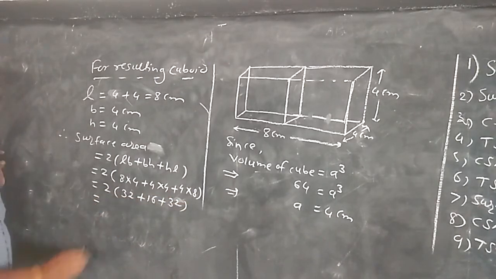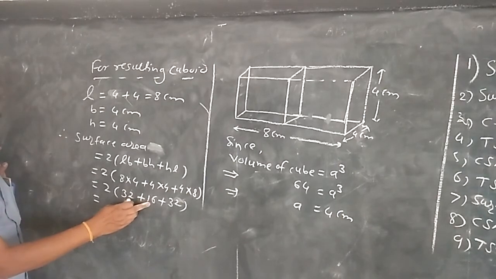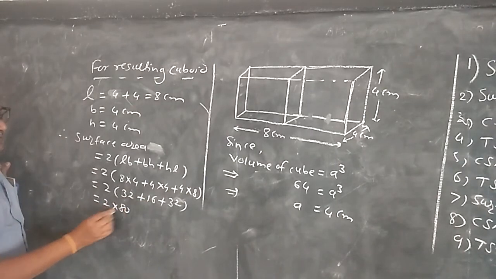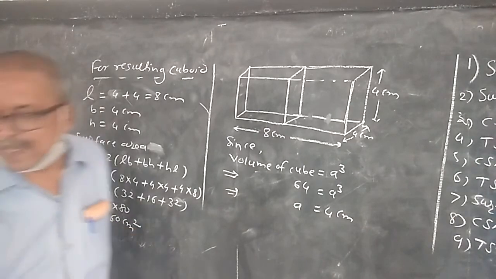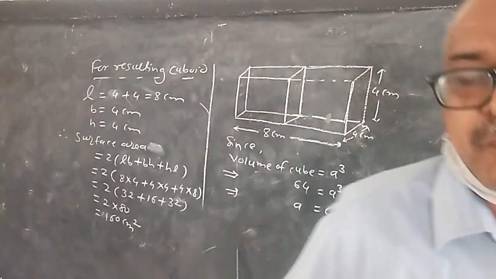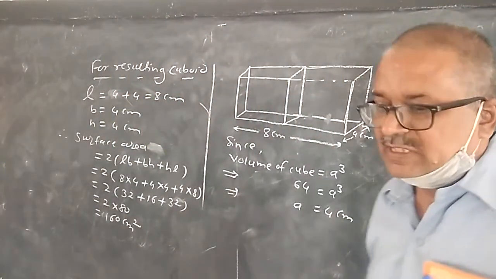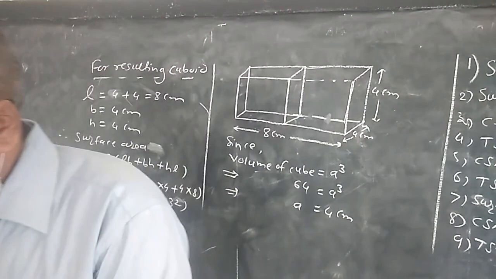This is 64, 64 plus 16, 80. See the answer: 160 cm square.